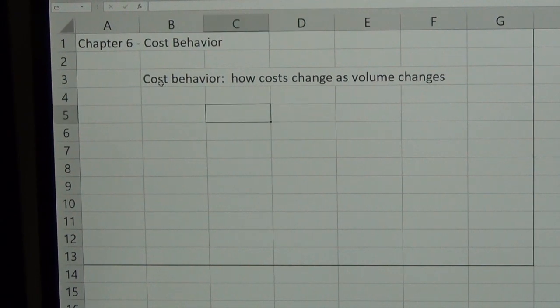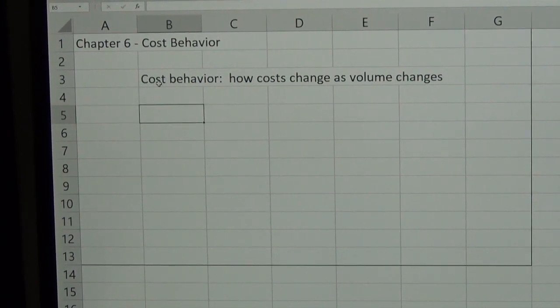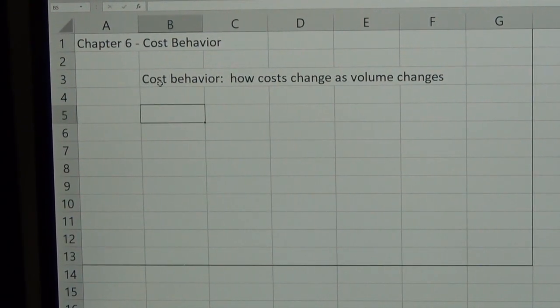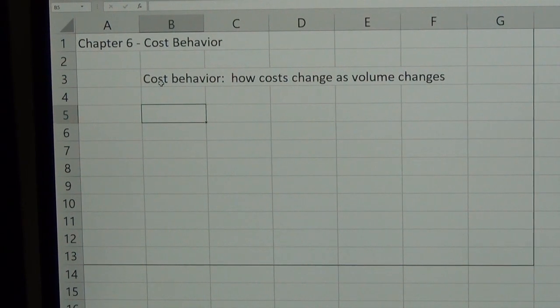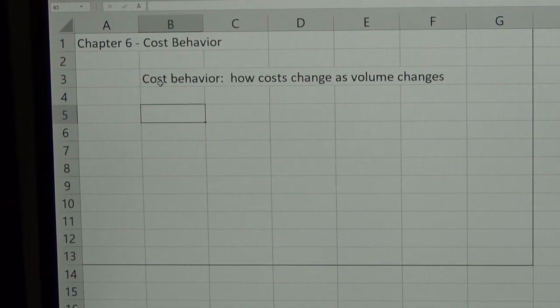Like I mentioned before in the classroom, in many cases we're trying to find a way to simplify things so that we can predict things. If you make it really complicated, you'll try to create matrices that will predict the future of certain costs. But if you can find a way to group most costs into predictable manners, then it makes it easier to predict the future.